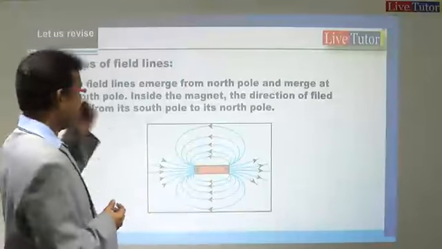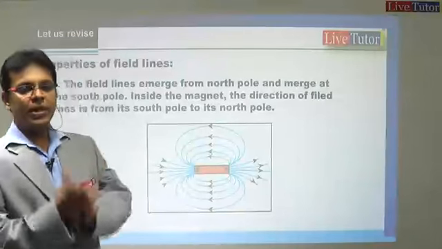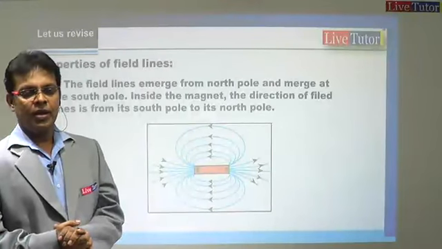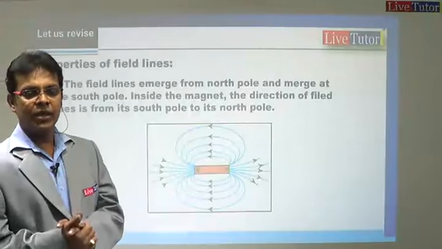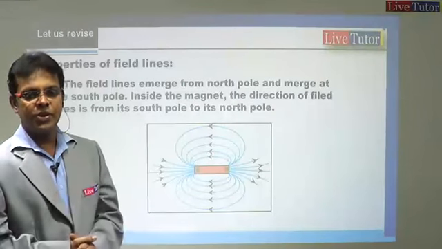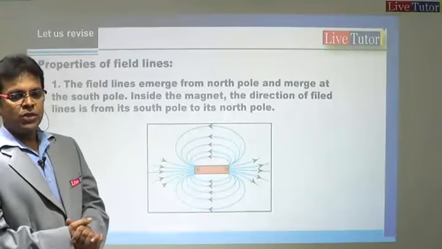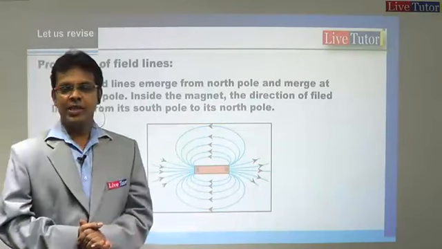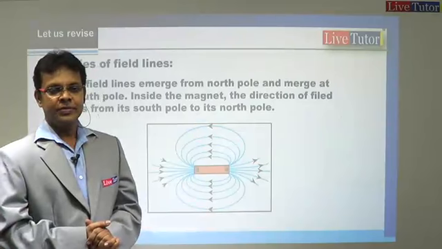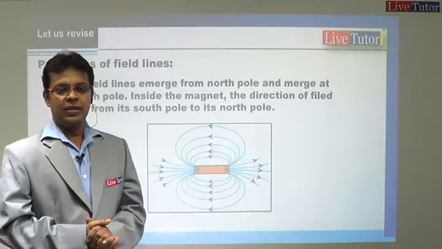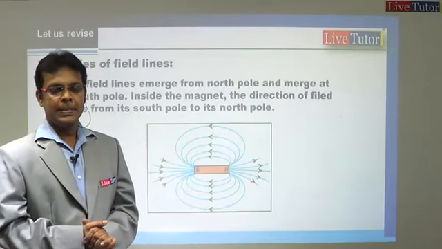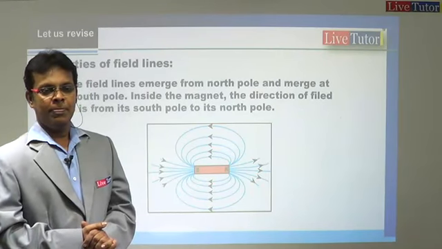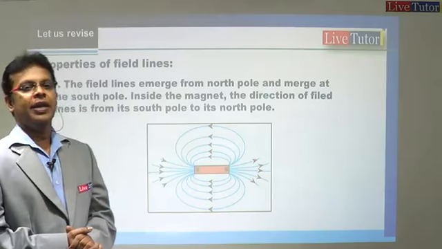Okay, now here the properties, 3 properties which you have to remember. Can you recollect what are the 3 properties of these magnetic lines of force you have seen? The first one is, yes, exactly.